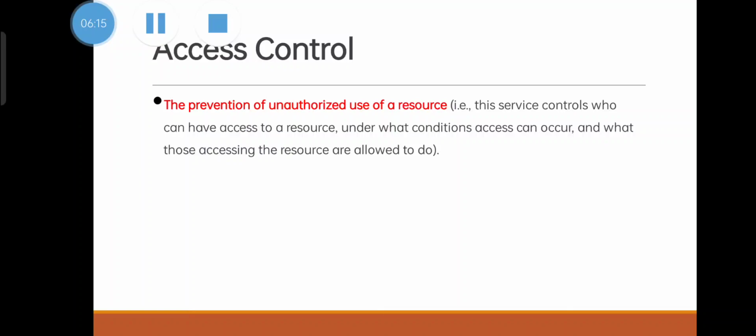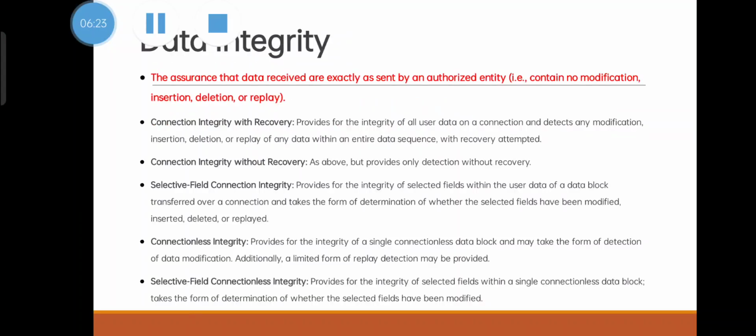Access control is about who can access, the prevention of unauthorized use of a resource. Data integrity is the assurance that the data received is exactly as sent by the authorized entity, with no modification. Here also we have connection integrity, connectionless integrity, selective field connection integrity, and selective field connectionless integrity.